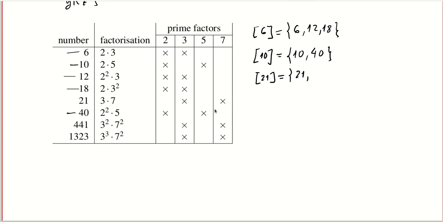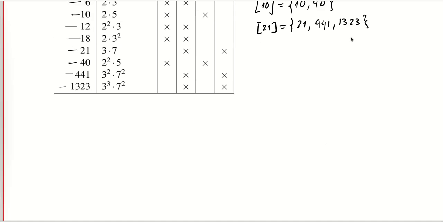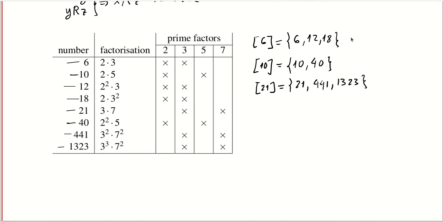So 3 and 7, and as you can see, 441 and 1323 is another one, and that's all, right? So we have already this, and that. So all of them are classified, so this is the partition, so these are the equivalence classes of this relation. All right, so there you go.